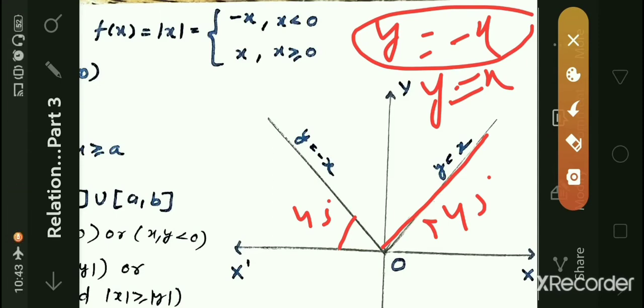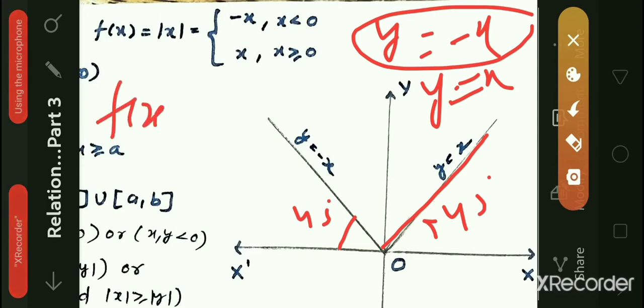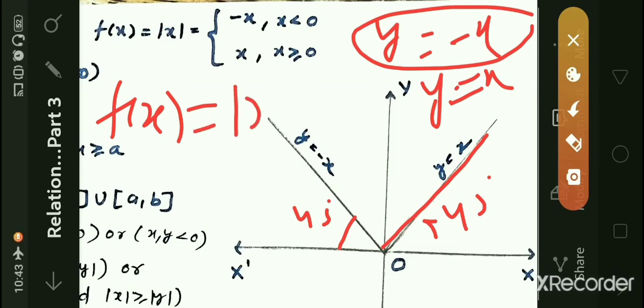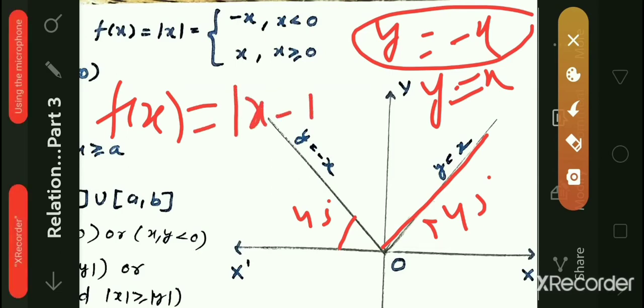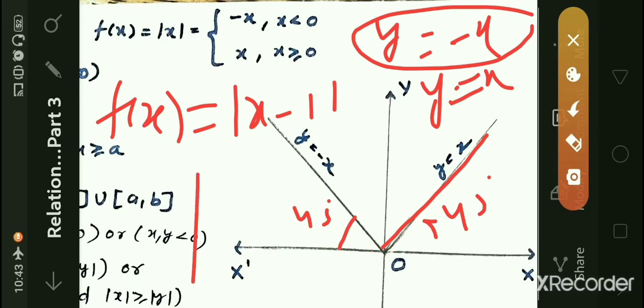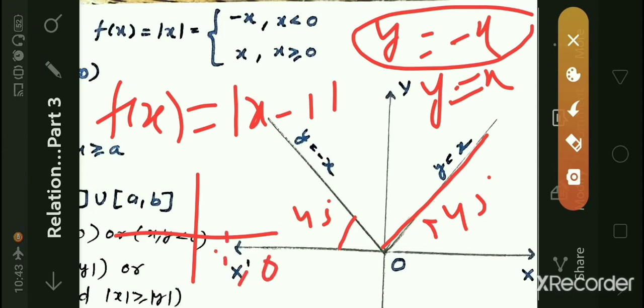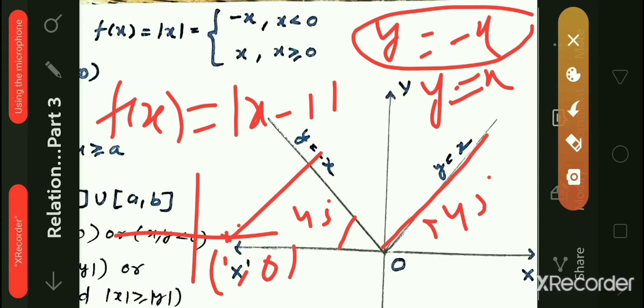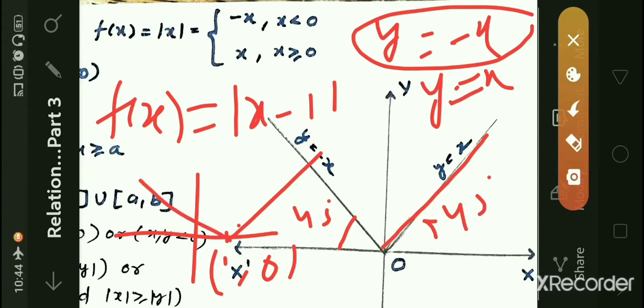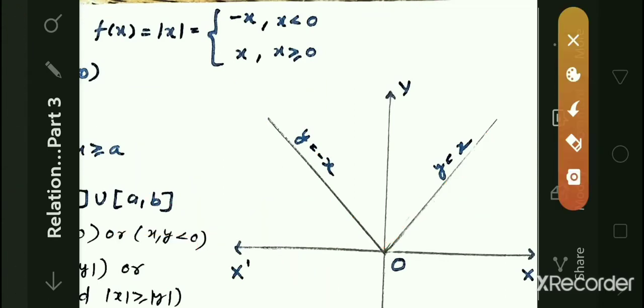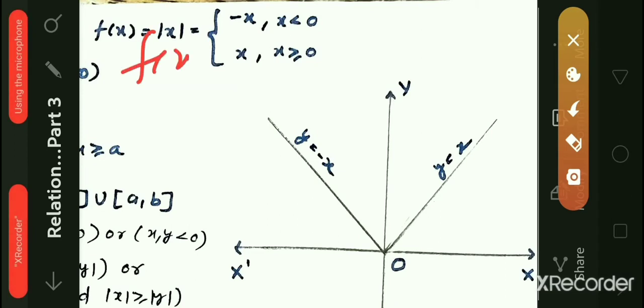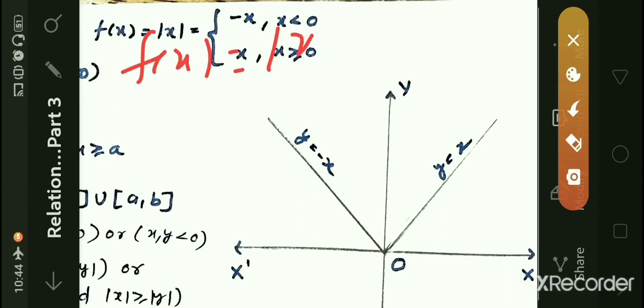So this is the graph of the modulus function, and suppose you are told to make the graph of |x - 1|. Nothing to worry, simply take the point (1, 0) here. Now make the graph like this. Some other function may be f(x) = |x + 2|.